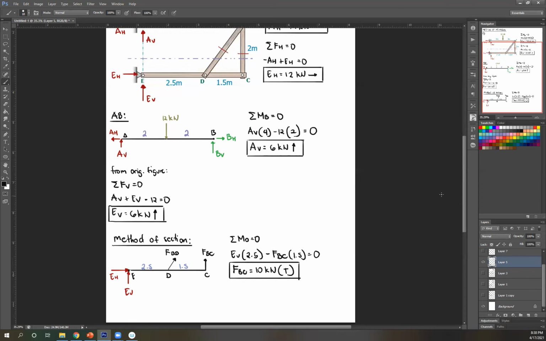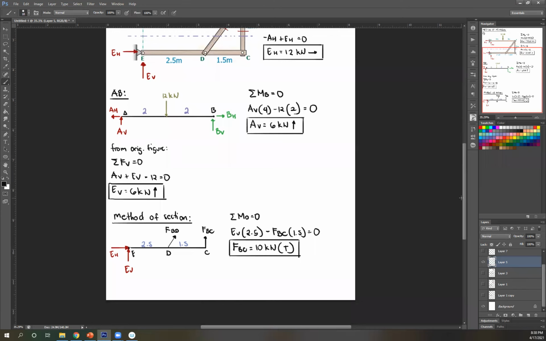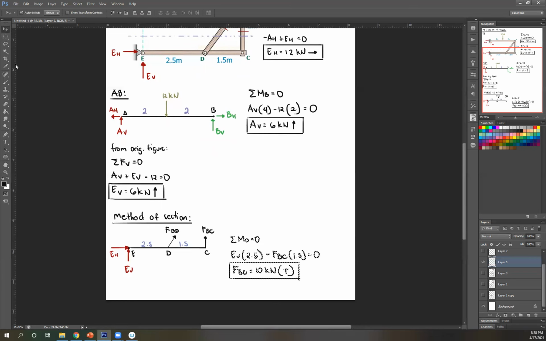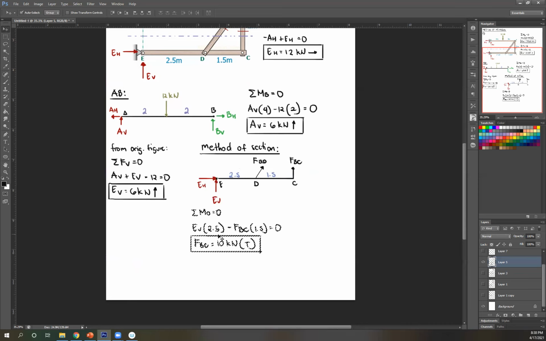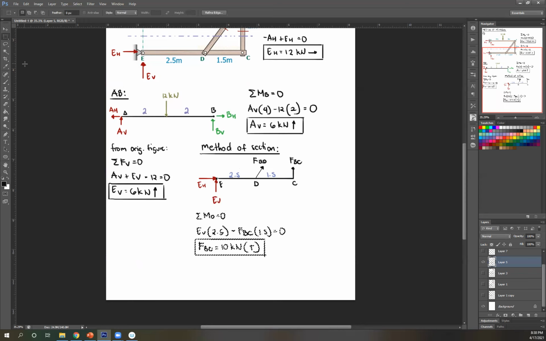Now, how do I solve for FBD? You can use summation of forces vertical or horizontal, up to you. You're going to get the same answer either way.